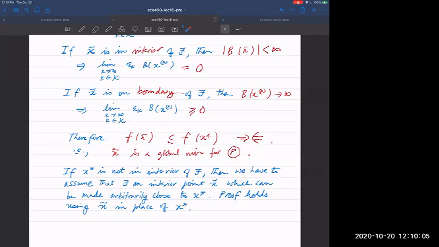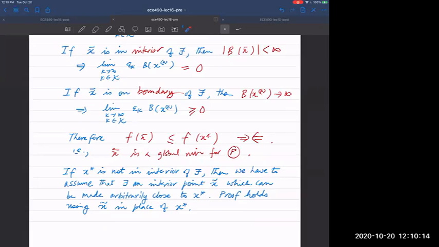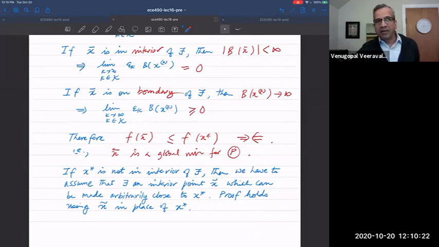Could you speak up? I can't hear. Let me raise the volume. Sorry. Yeah. Does it require the function to be strictly convex near x star? No, it doesn't have to be. Just convexity near x star is good enough. So that's one condition, but that's not the only condition for which it holds.